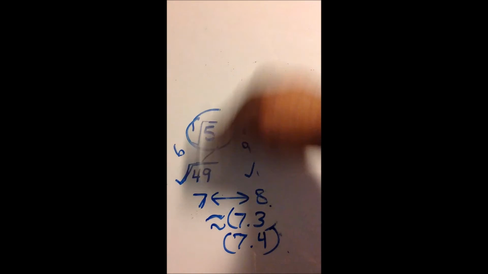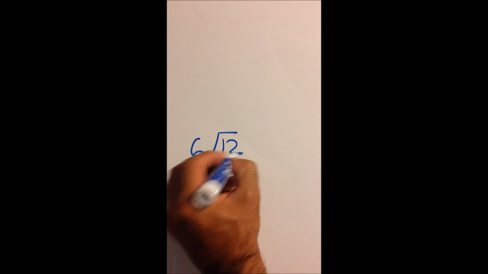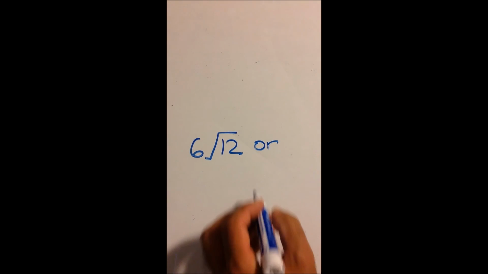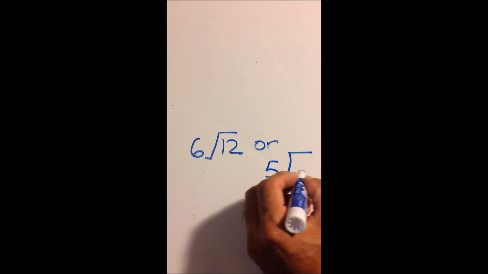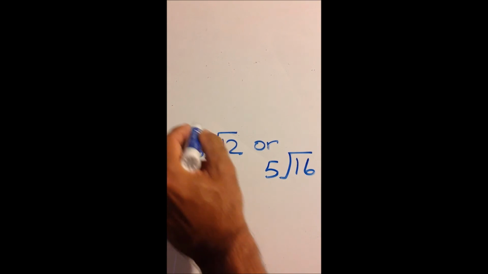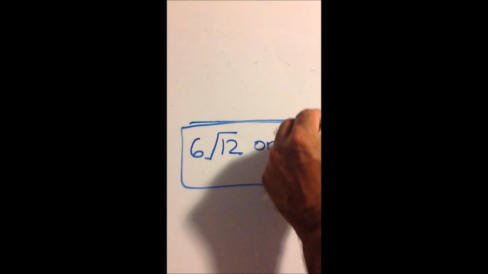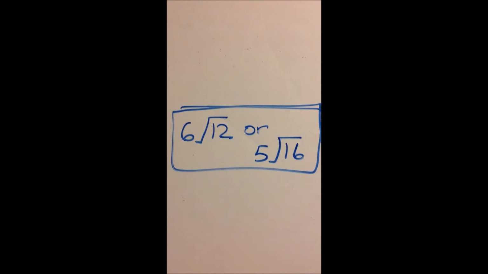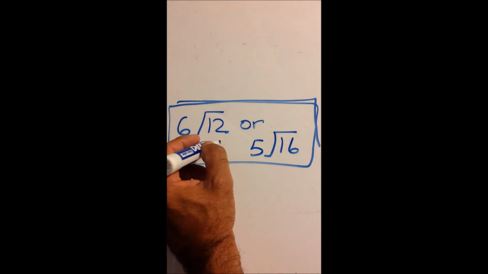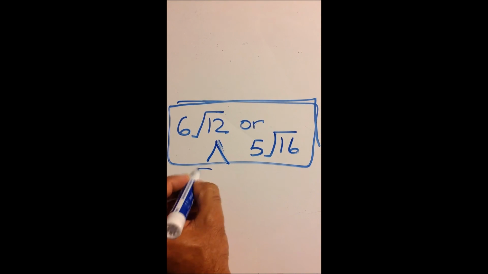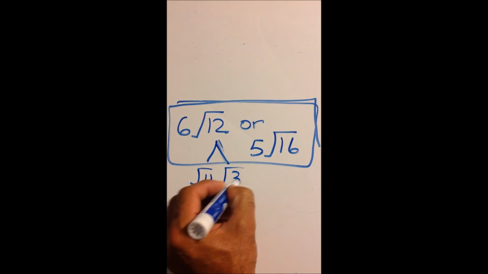All right, let's do one more. Let's say I had 6 square root of 12, or we had maybe 5 square root of 16. Which one is greater? Try that. Well, the square root of 12 we can break down to the square root of 4 and the square root of 3.